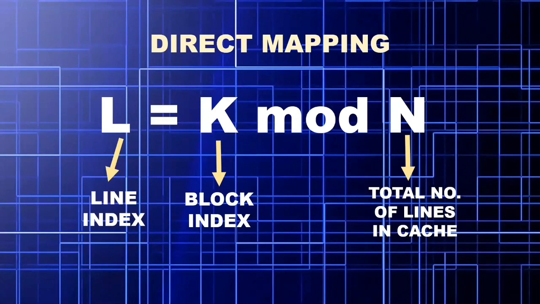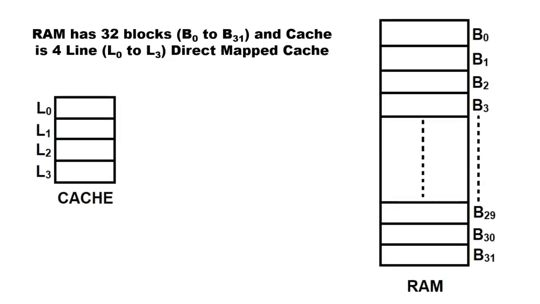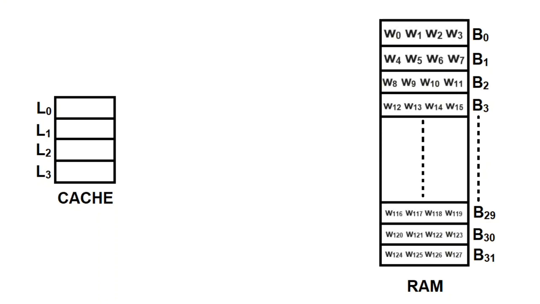So let's move to an example and see how direct mapping works. Here RAM has 32 blocks, B0 to B31, and the cache has 4 lines, that is L0 to L3, and it's a direct mapped cache. In each block there are 4 words.